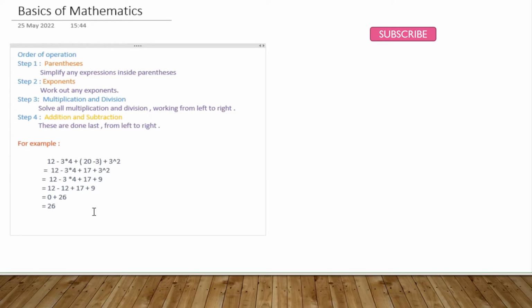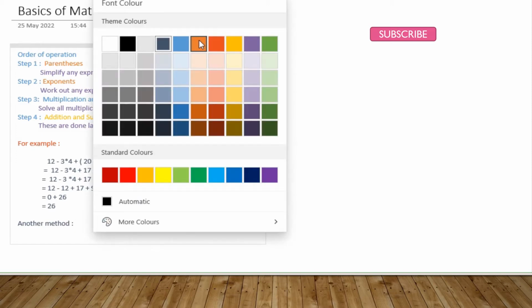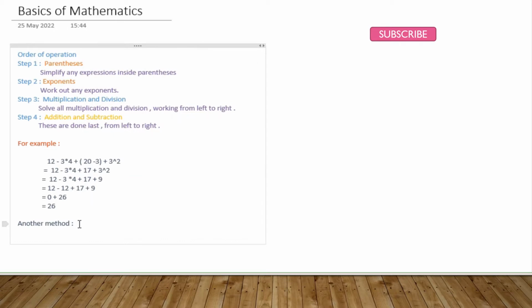You can observe another method. Another method I am going to show for those who know it very well.